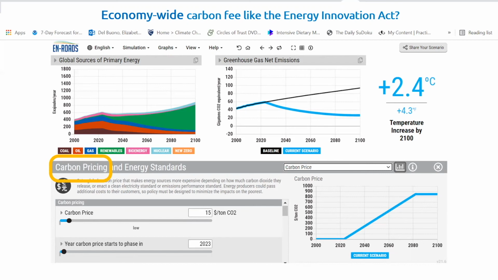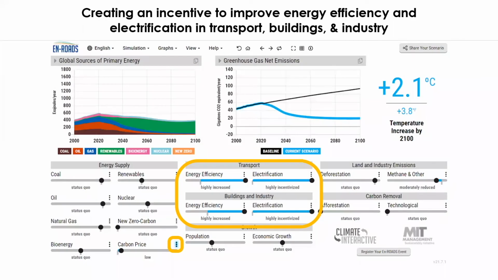And that's where the beauty of the market takes place. It's that market incentive to transition to a clean, non-carbon form of energy.